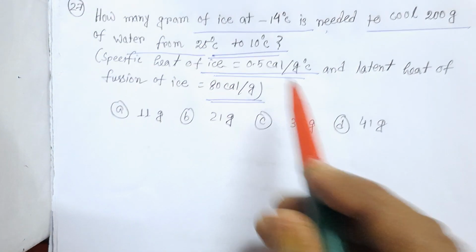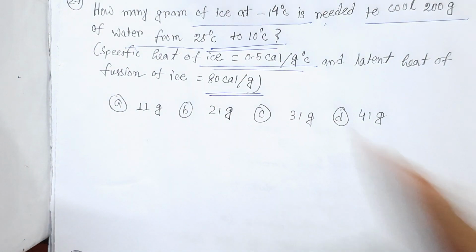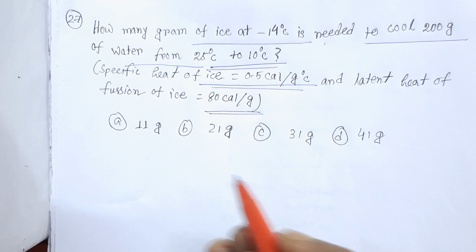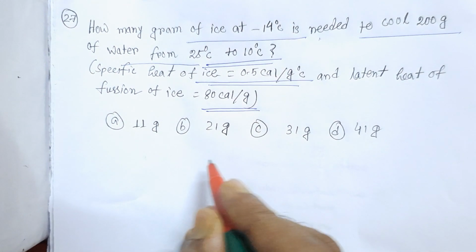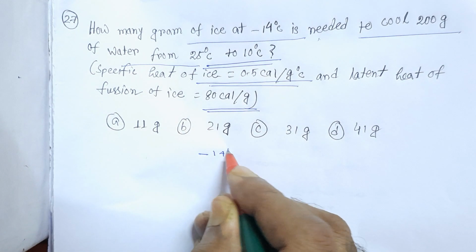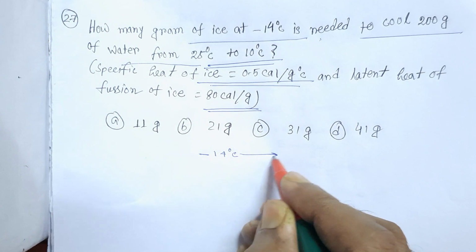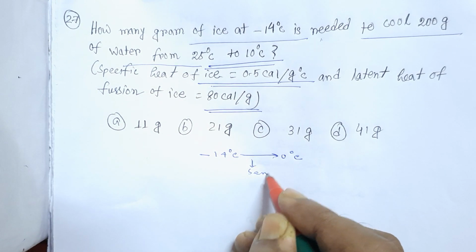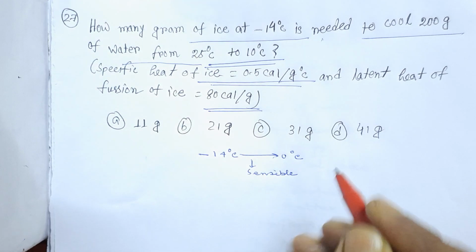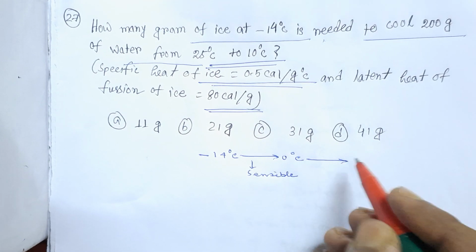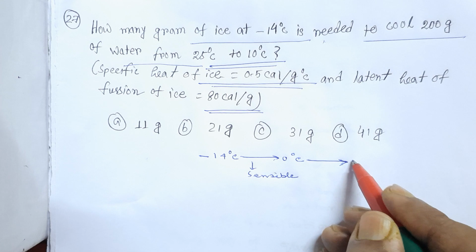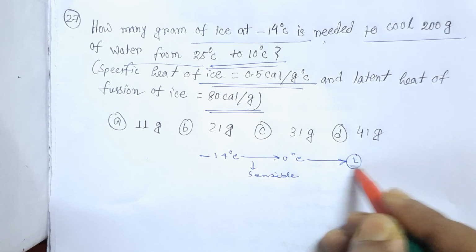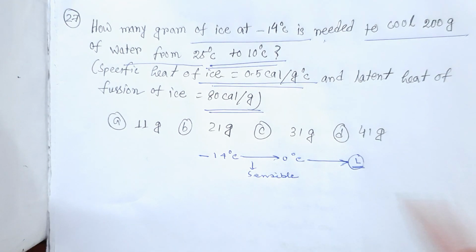So we need m gram of ice. So ice will take, first of all, from temperature minus 14 degrees centigrade to 0 degrees centigrade, and it is a sensible heat. Next it will melt and it will take latent heat L per gram of ice.